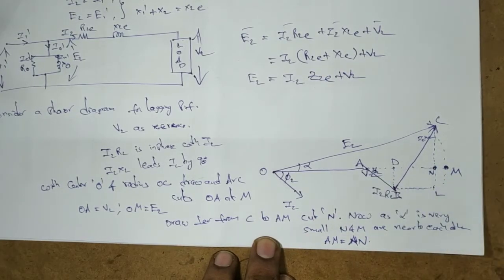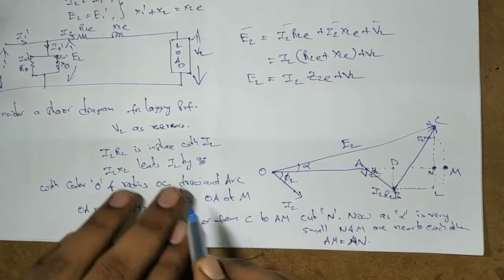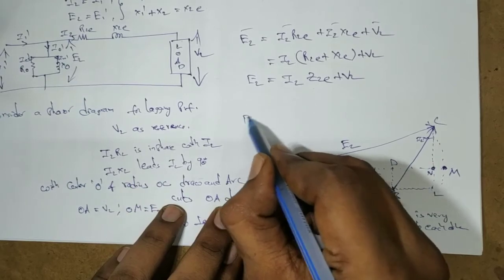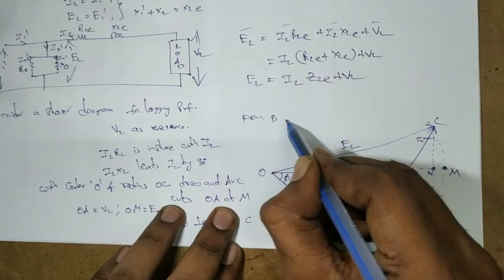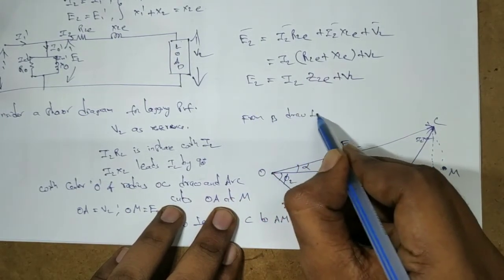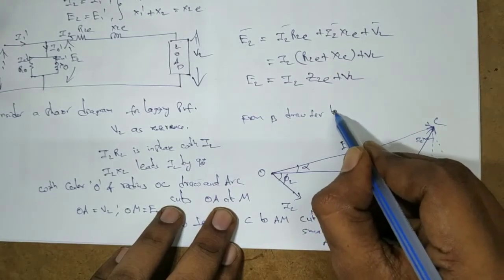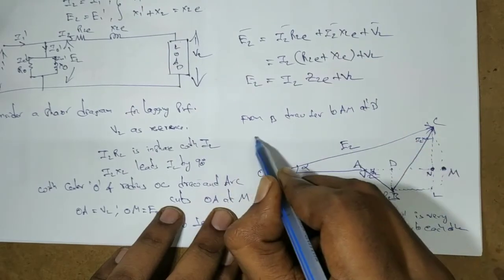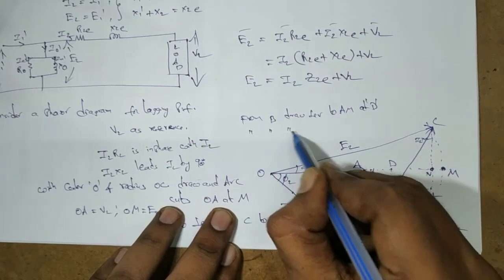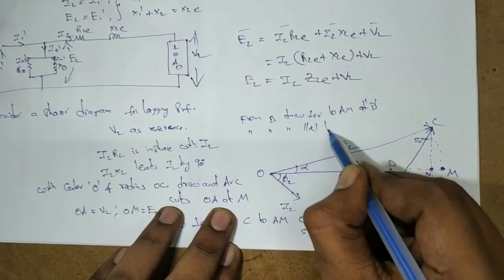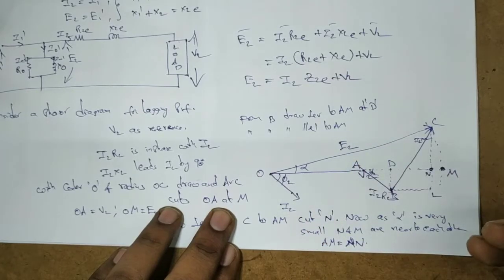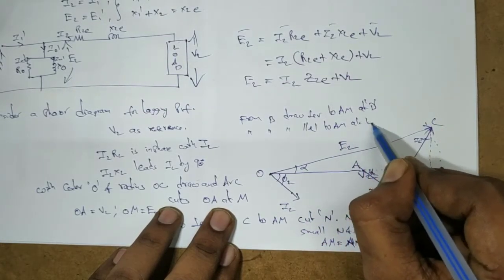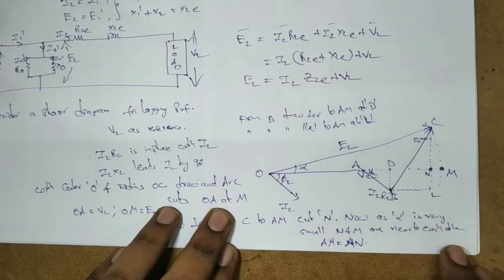In order to form the triangle BLC. So now we have created two triangles, ABD and BLC: a perpendicular from B onto AM at point D, and from B a parallel line to AM which cuts at point L.